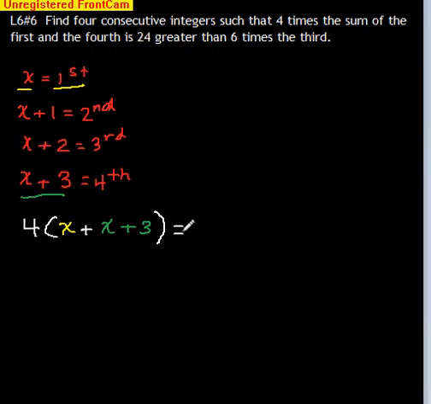Okay, we did that. 4 times the sum of the first and fourth is 24 greater, so we'll pop that out there. 24 greater than 6 times the third, so it's going to be 6 times whatever the third is.